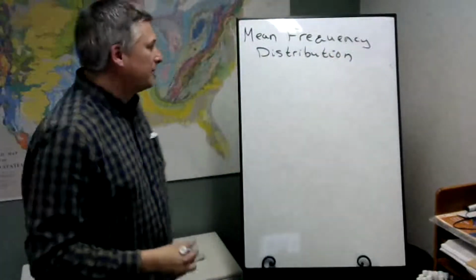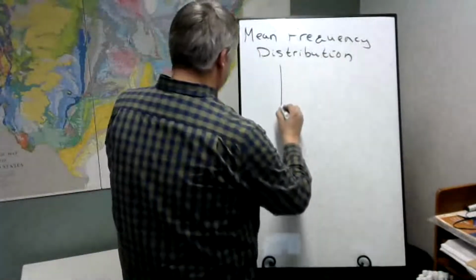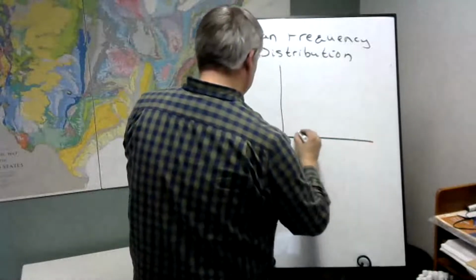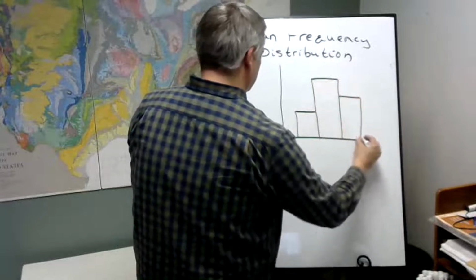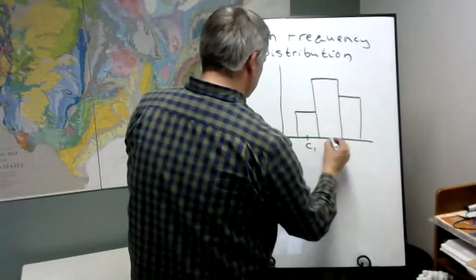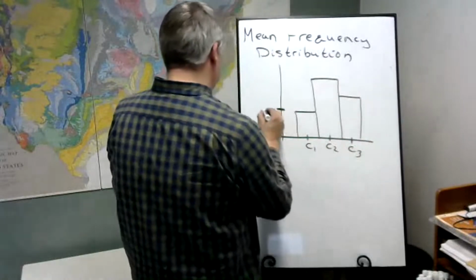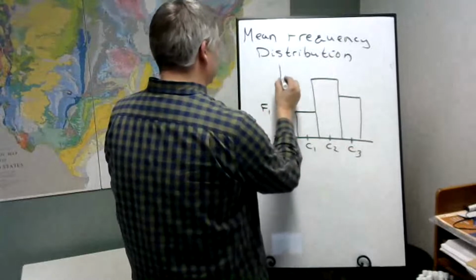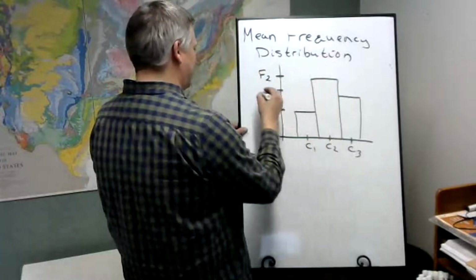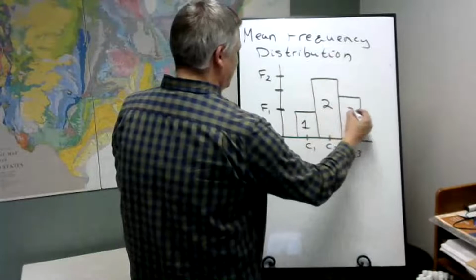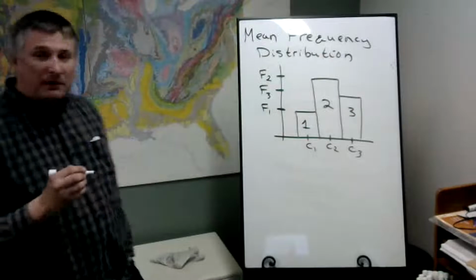So the way this works is what we're going to do. Now here's F2 for this second bar. This is bar 1, bar 2, and bar 3. And there we go. So what we're going to do is this.